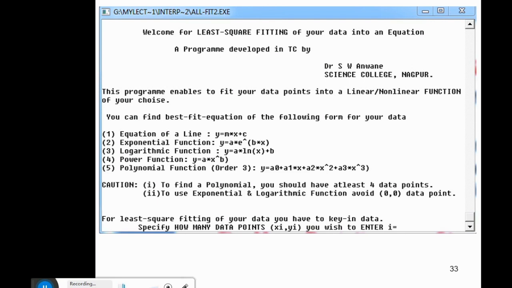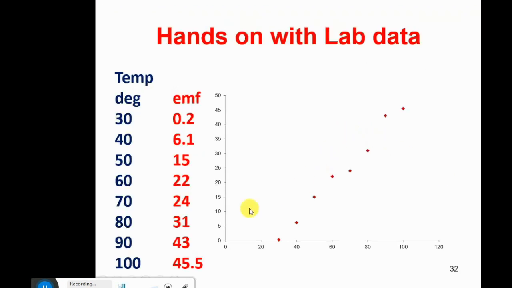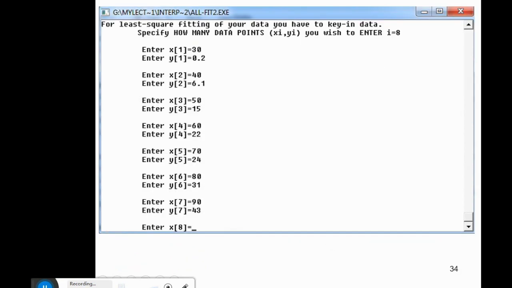How many data points the observer wants to key in is to be inputted at the first place, and we have 8 data points, so we have to key in 8. One by one the scanf command has collected data in the form of an array in C programming, and they are assigned x1, y1, x2, y2 in that sequence. The xi's and yi's are collected and the data is keyed in.